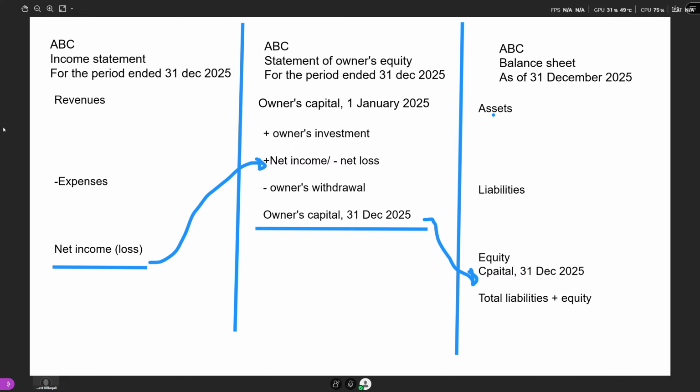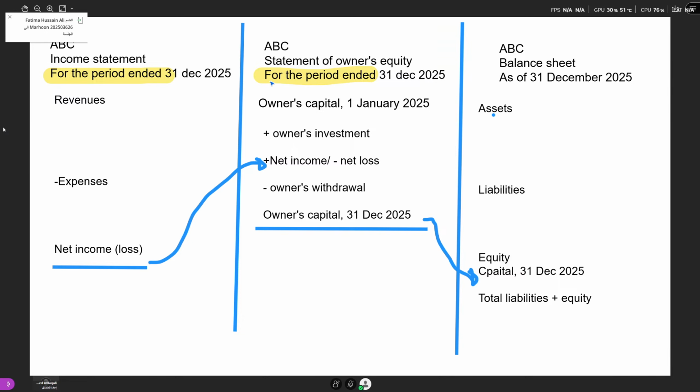Okay. So I need you to just focus on the dates in here. If you notice, when I wrote the date for the income statement, I said that this is for the period that ended... for the statement of owner's equity.